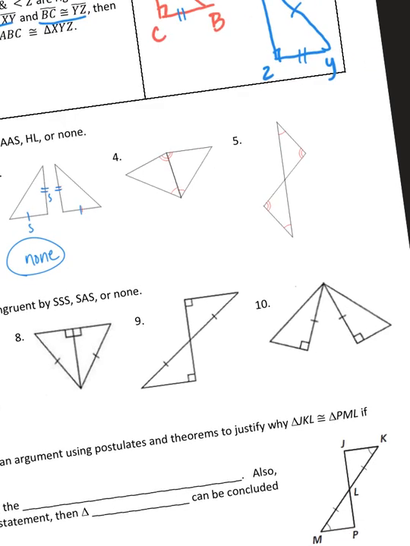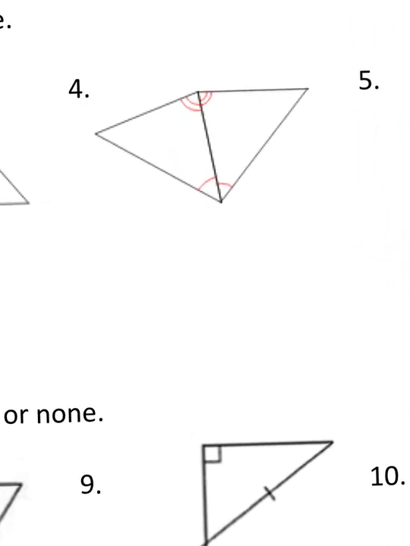In number 4, we have 2 pairs of congruent angles. Be careful with this one. Just because the lines are staggered does not mean that they're not congruent. It's just so that you can tell where the lines start and stop. So we have a pair of congruent angles here, and we have another pair of congruent angles here. So we've got 2 pairs of congruent angles, so it has to be either angle side angle or angle angle side, or it can be none.